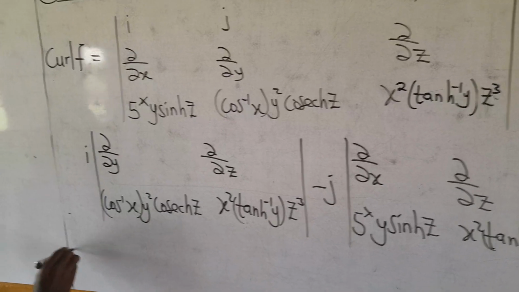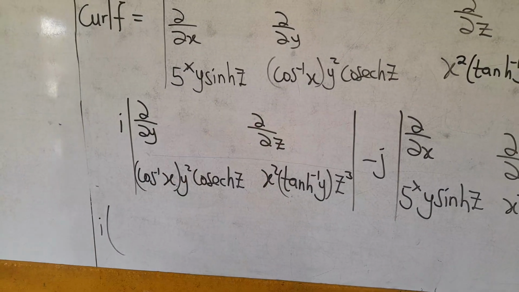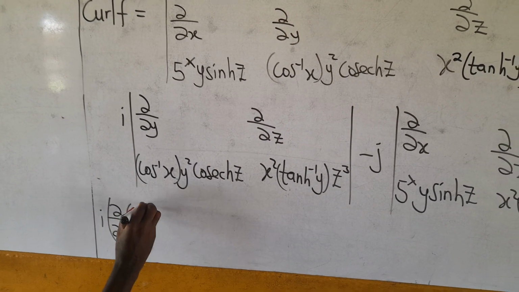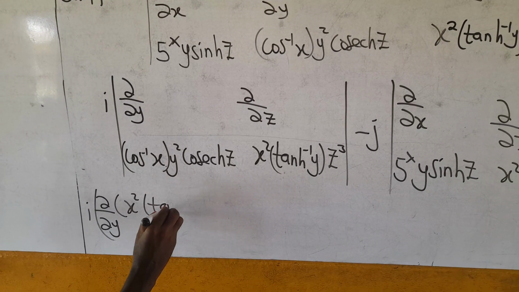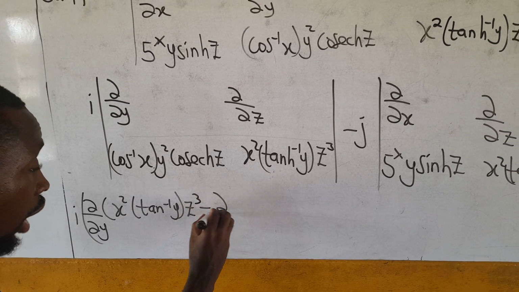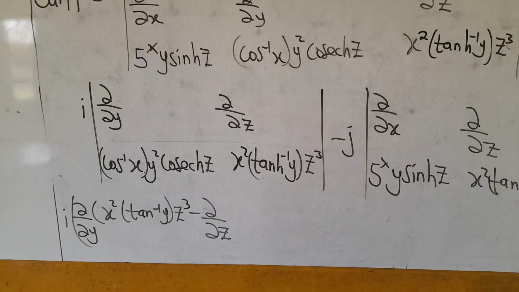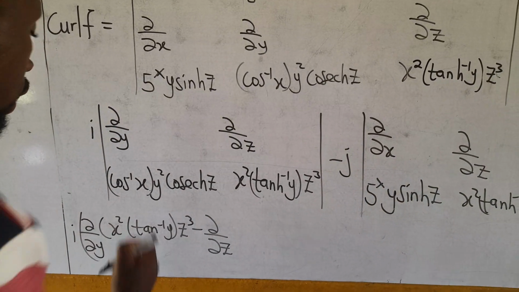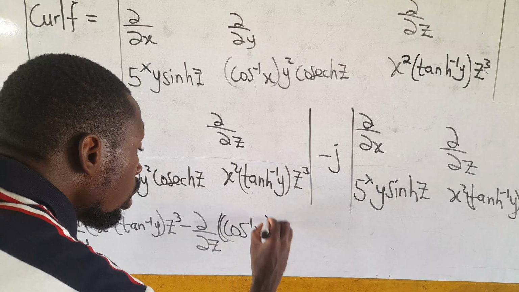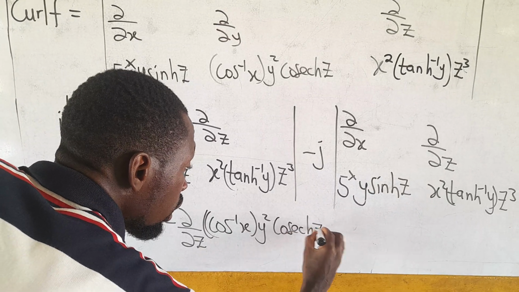So this will be i bracket. This will multiply this minus this multiply that. So we have del over del y, bracket x squared tan inverse of y z cubed, minus del over del z and del over del z times this, so cos inverse of xy squared cosec z.